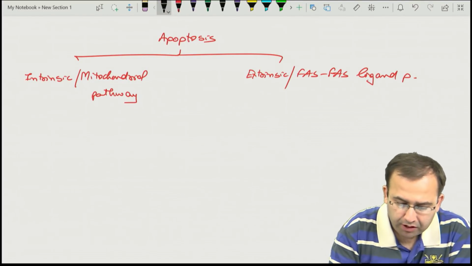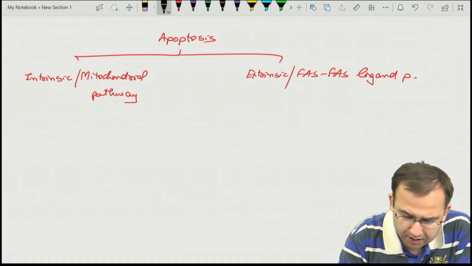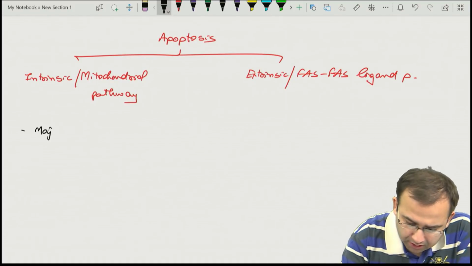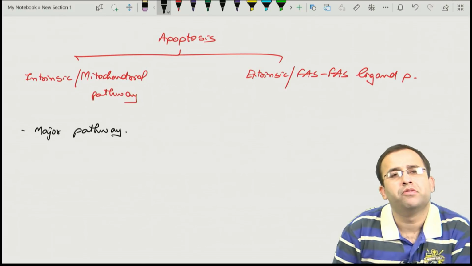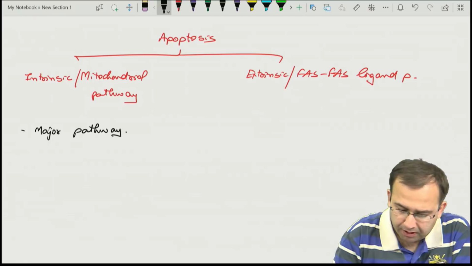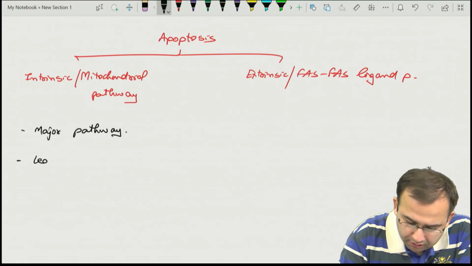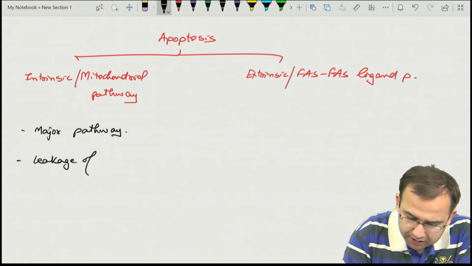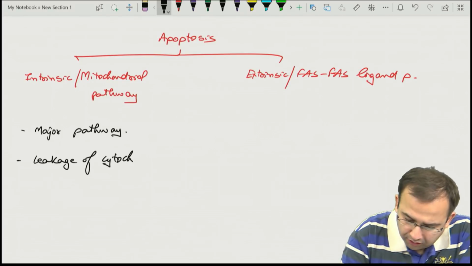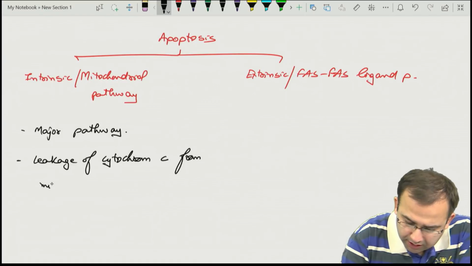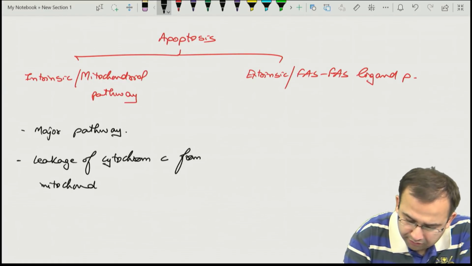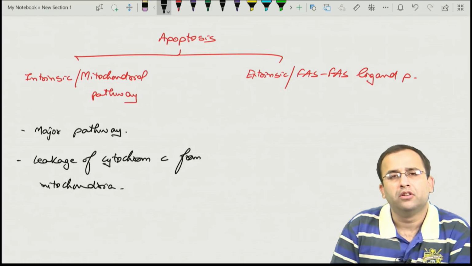First point, which is the major pathway of apoptosis? The intrinsic pathway, the mitochondrial pathway, associated with leakage of cytochrome C from the mitochondria.